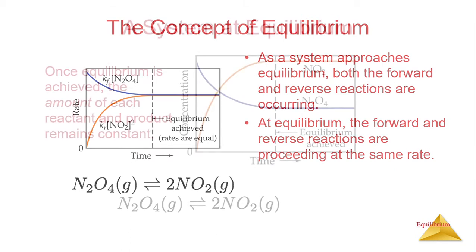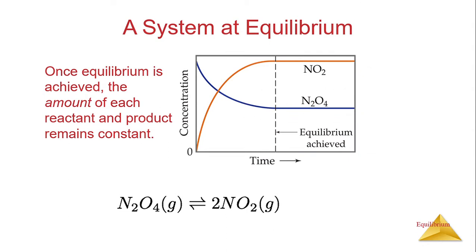Okay? Now, dahil pareho na yung forward at saka yung backward reaction, okay, once equilibrium is achieved, the amount of each reactant and product remains constant. Okay, wala na tayong makikitang observable changes sa concentration ng reactant at saka ng product once na na-achieve mo na yung equilibrium. Okay?